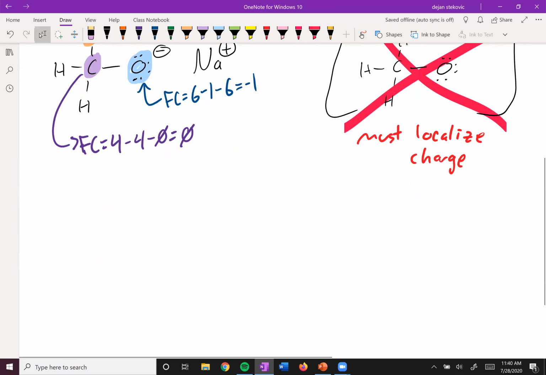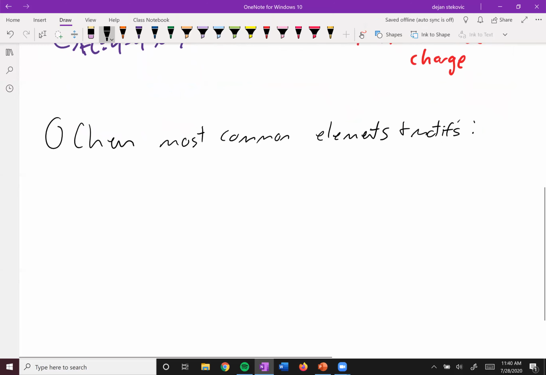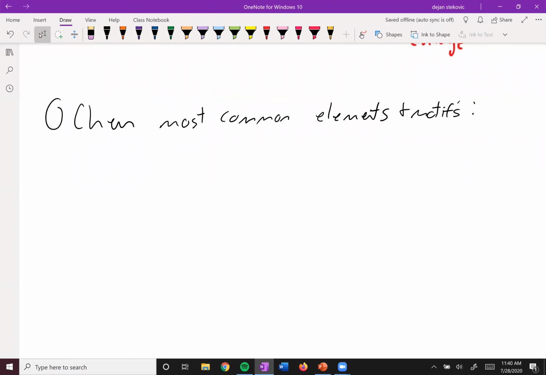Let's take a look at some of the most common elements and motifs that we'll see in organic chemistry. So we'll call this OChem, most common elements and motifs. Right, so what are the most common elements we're going to observe in organic chemistry?